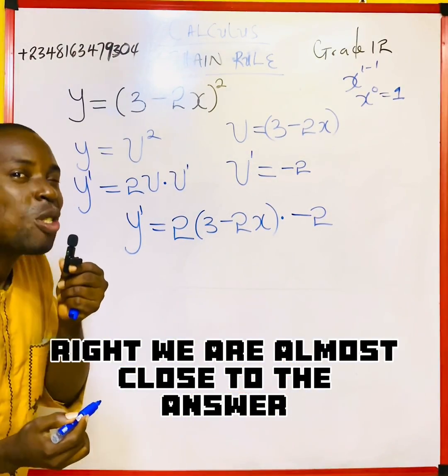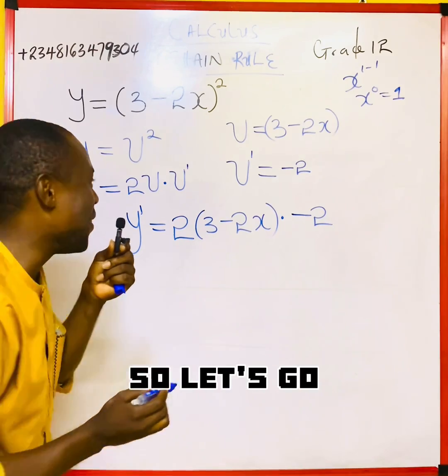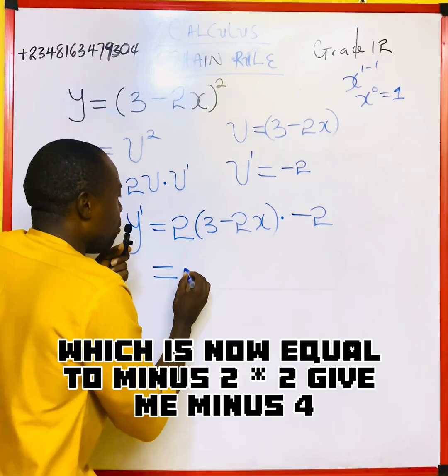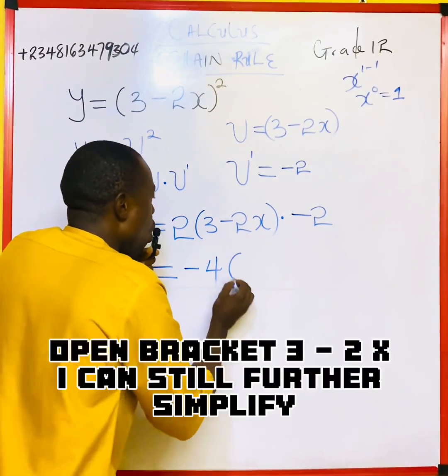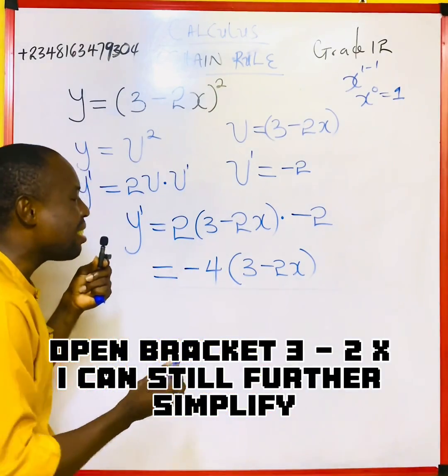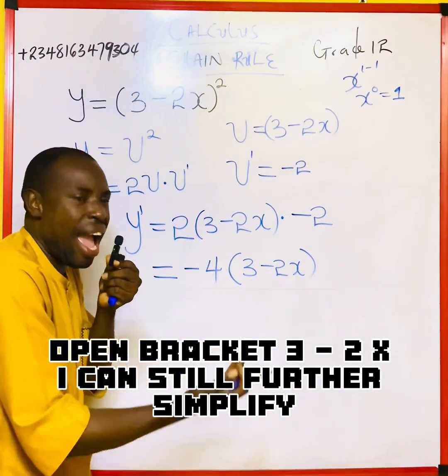Easy, right? We are almost close to the answer. So let's go, which is now equal to minus 2 times 2, which gives minus 4, open bracket 3 minus 2x. I can still further simplify.